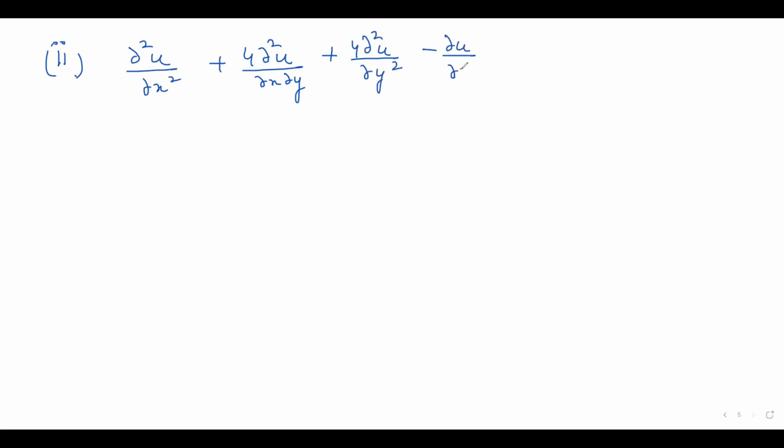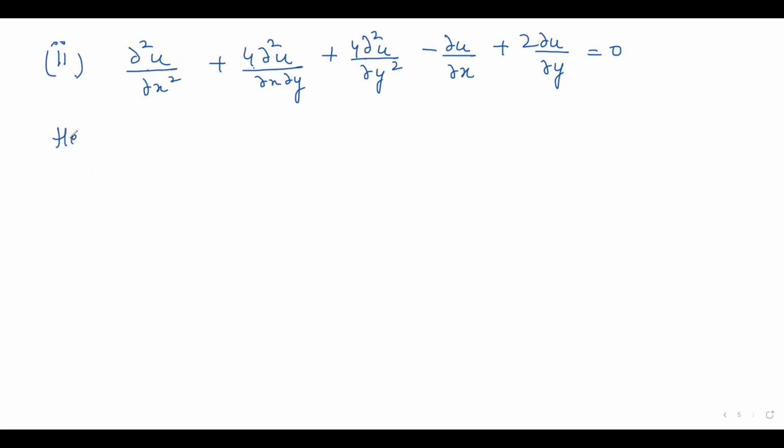So let me consider this. This is our second order partial differential equation. You would notice in this one you have A, B, C. D, E, F and G are missing, as you could notice here.